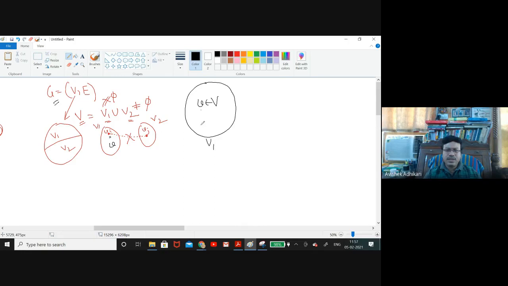Since G is disconnected, there must exist some vertex, say u, which is not within V1. Because if u is within V1, then there must be a path from u to v. But since G is disconnected, there must exist some vertex u which is outside V1.